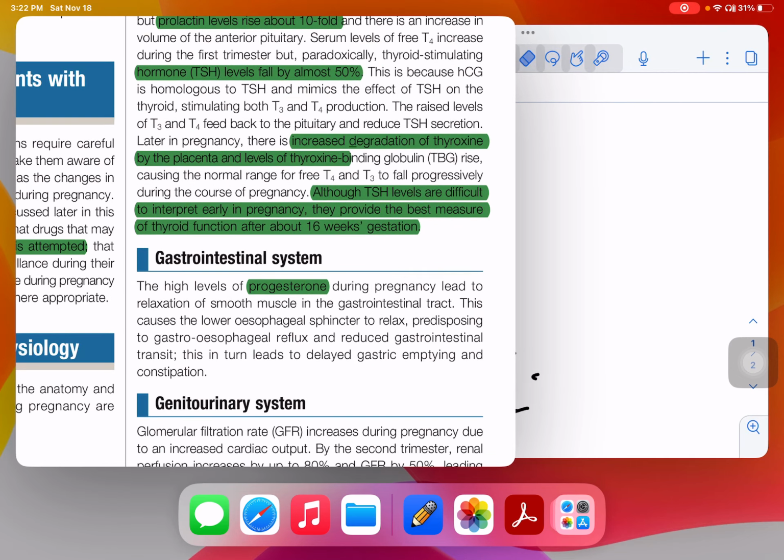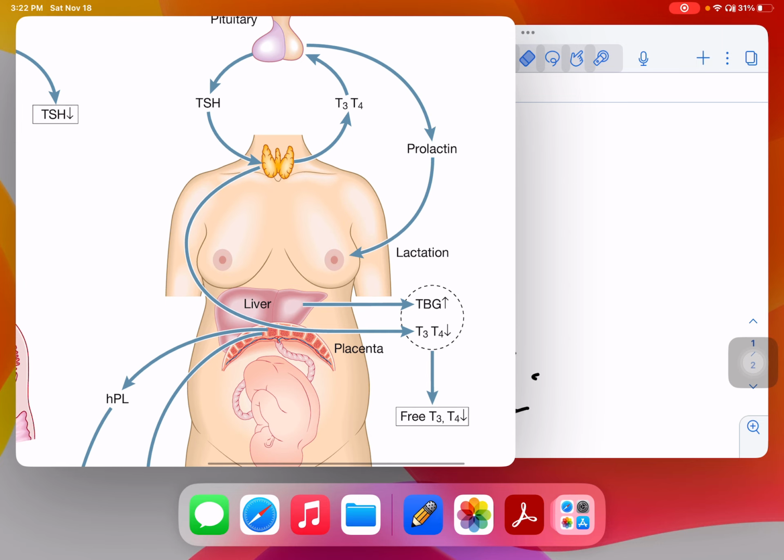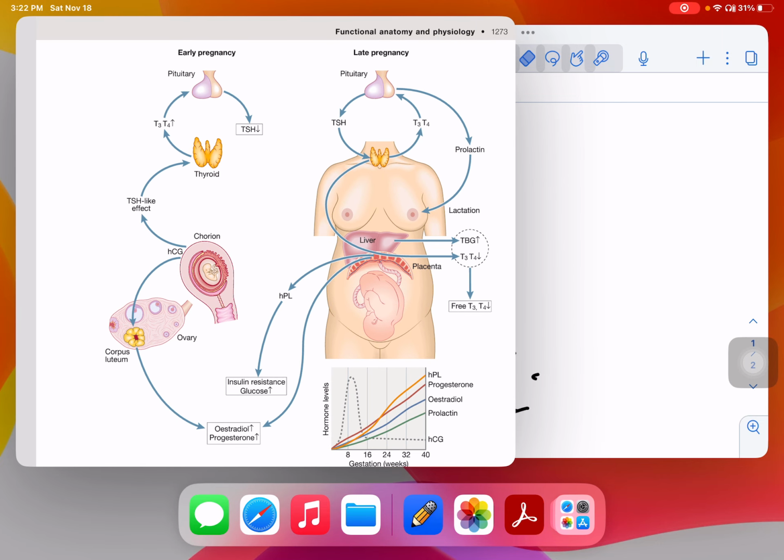So there is a picture in the Davidson. We can see that during the first trimester, the T3 and T4 levels are high, but during the second or third trimester, T3 and T4 levels are low, and thyroid binding globulin level is high.